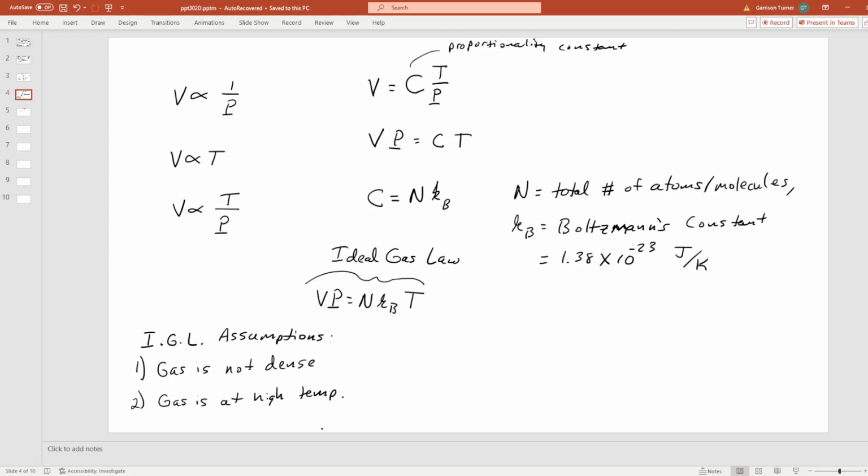Now, a lot of gases will follow these two assumptions to a very high degree. But I can't stress enough that at the end of the day, this equation is an approximation.